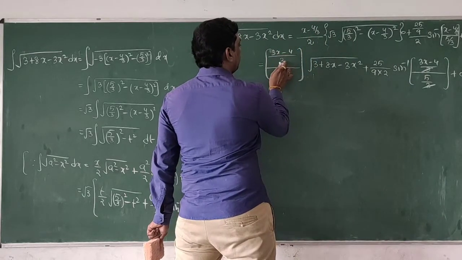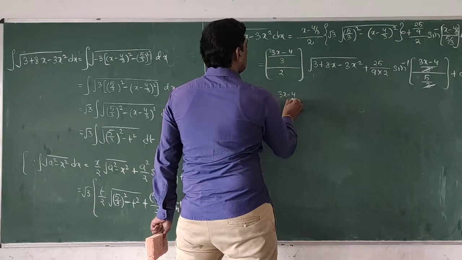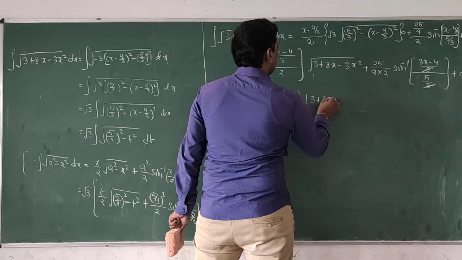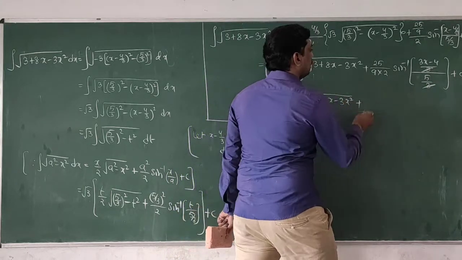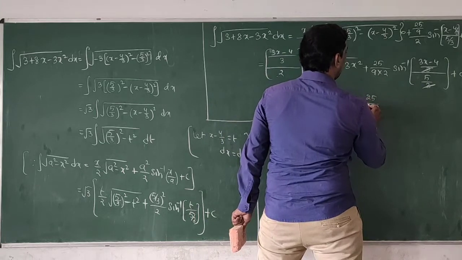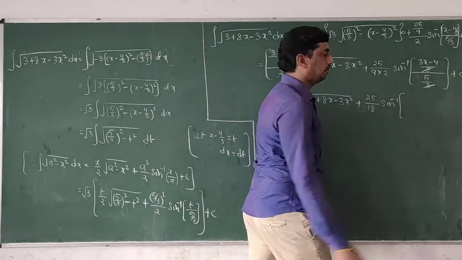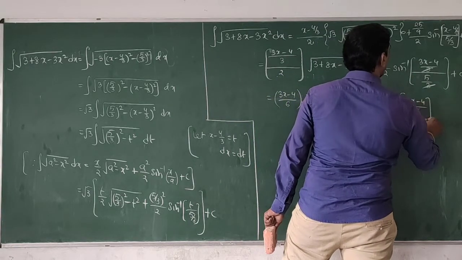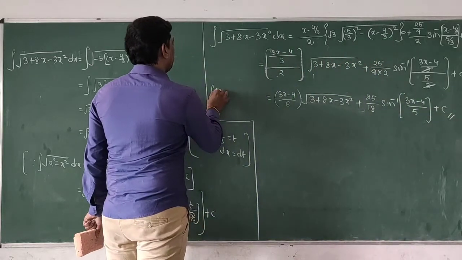So here also 1 by a by b, 3 into 2, 6. So 3x minus 4 by 6 into square root of 3 plus 8x minus 3x square plus 25 by 18 into sine inverse of, what's the remaining term? 3x minus 4 by 5 plus 6. That's the end of the solution.